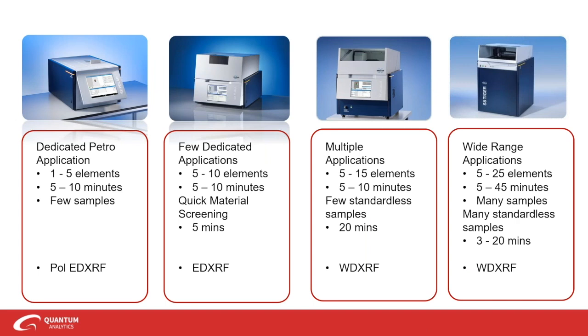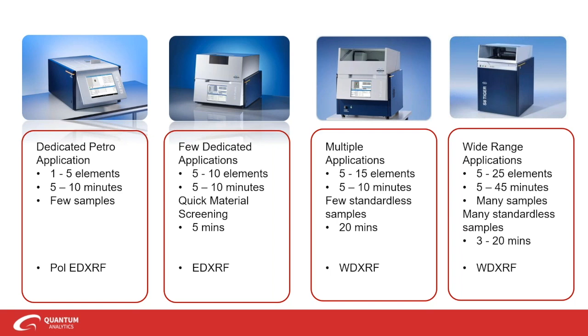So if you look at the Bruker product line, this is a good little guideline of why they have these types of analyzers on the market. If you're considering which type you would need, you'll see some good guidelines.